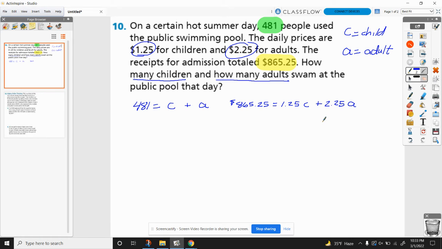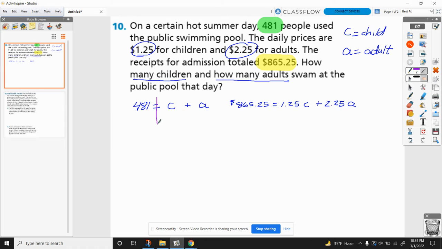From here, we want to create a system. And if you remember, the method that we're using is substitution. Some of you might have been thrown off because right now we don't have an X and a Y, and we said we solve everything for Y. But that doesn't mean it always has to be Y. We could solve it for C, or we could solve it for A. So in this case, I'm going to solve this for C. Let me change the color of my pen.